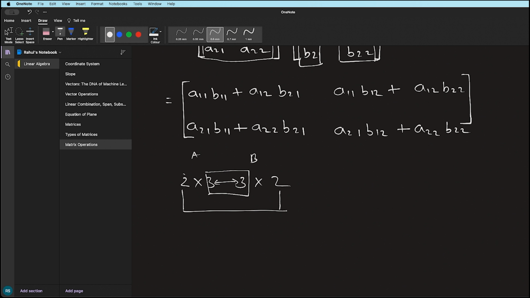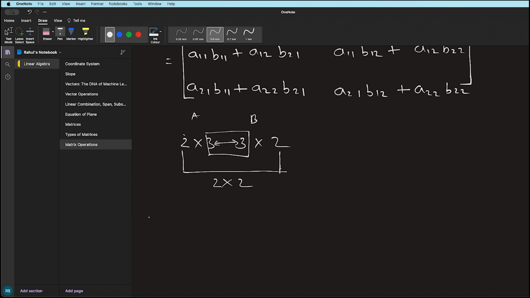So the resulting dimension from the matrix multiplication of A cross B will be 2 cross 2. So let us understand a real world example.